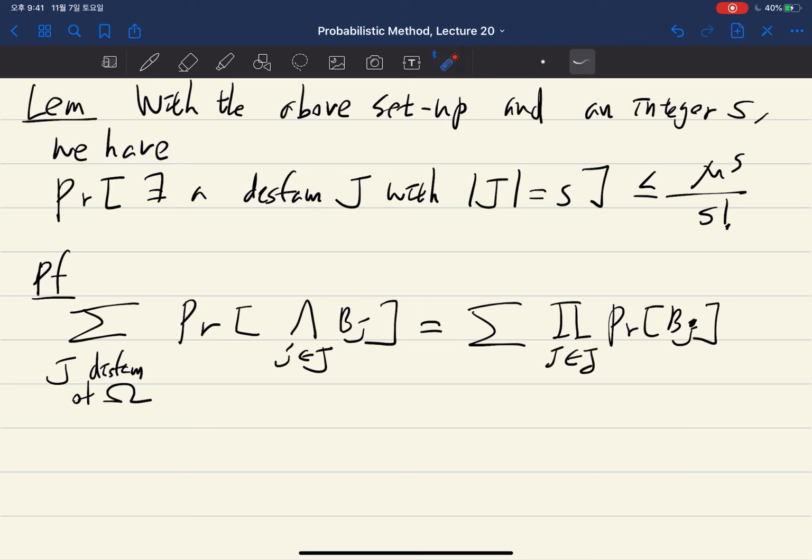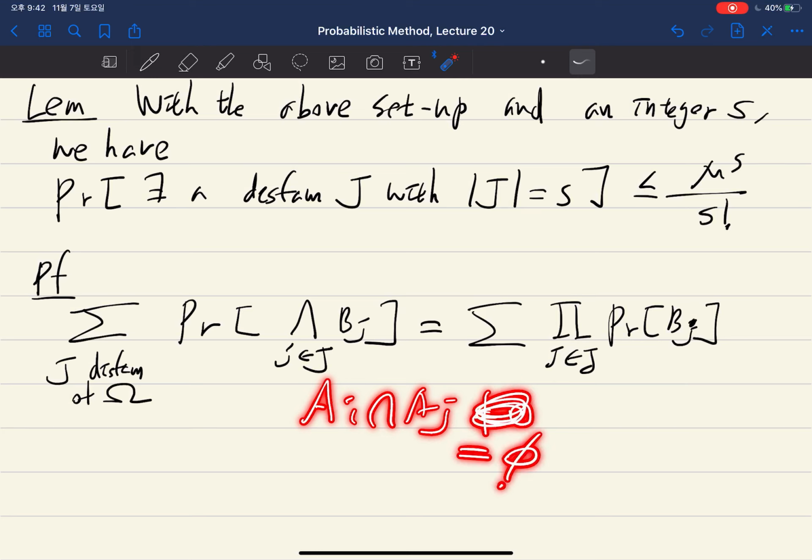Because J is a family of indices where Bi and Bj are independent. So these events are all mutually independent because Ai and Aj are disjoint.